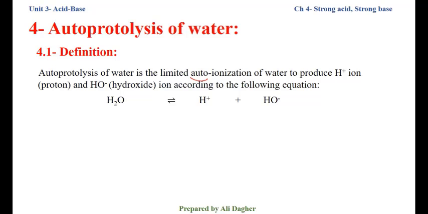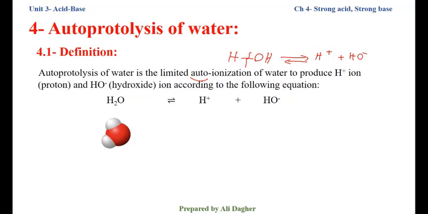Protolysis is decomposition, because the bond between H and OH is broken down to give H+ and HO-, but this reaction is reversible, incomplete. Then this is a lysis, decomposition, and proto, because it gives a proton H+. This is the definition of autoprotolysis of water.